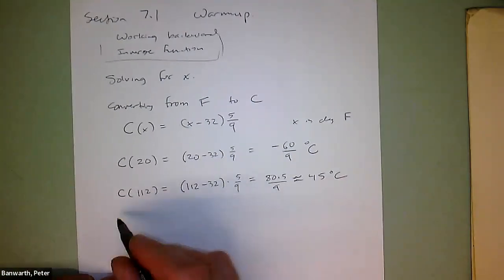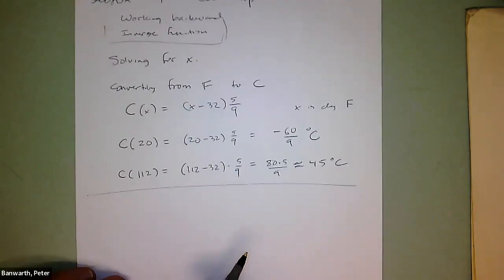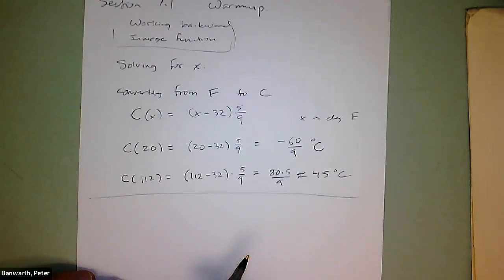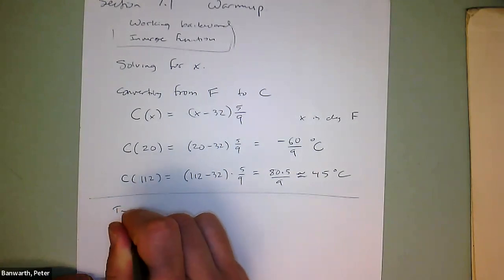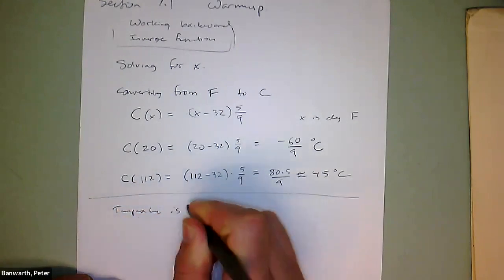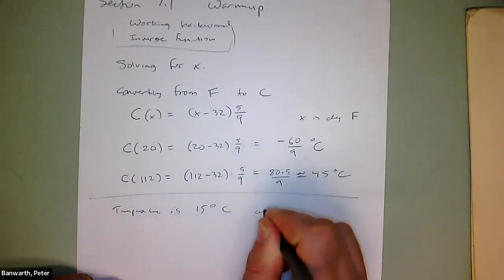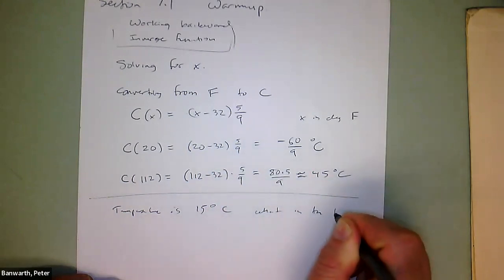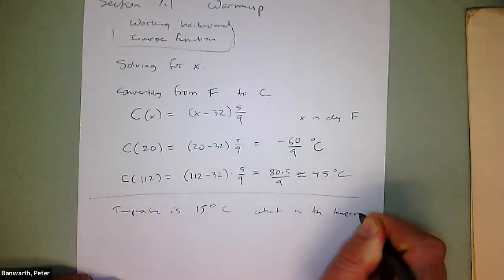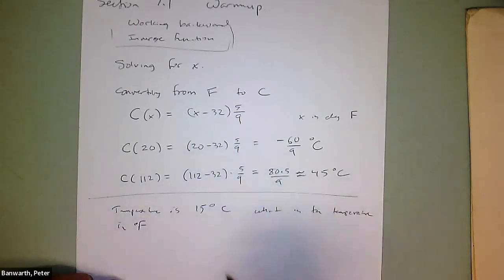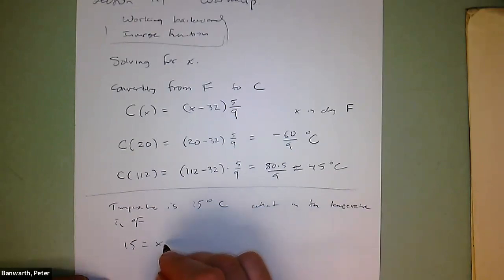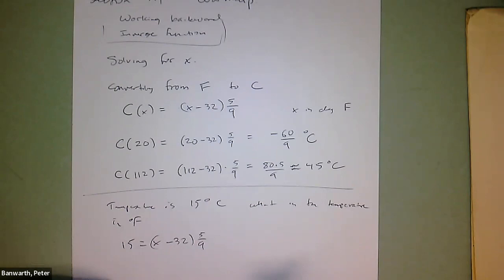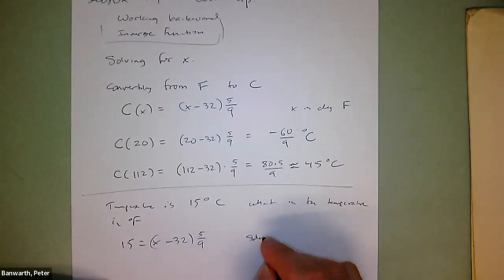All right, so now let's say if the temperature is 15 degrees Celsius, what is the temperature in degrees Fahrenheit? That just means take your function, set it equal to 15, and solve for x.